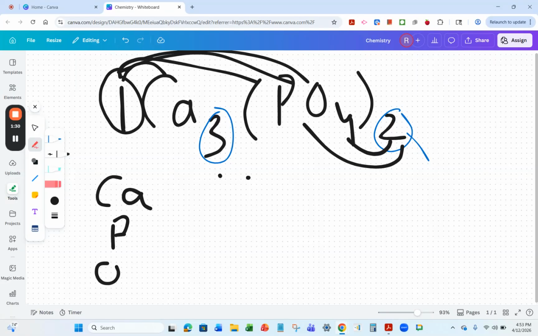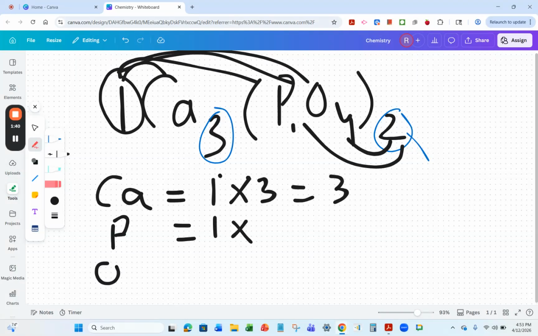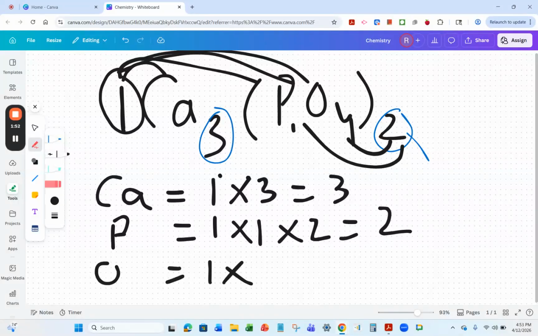For calcium, coefficient is 1, subscript is 3, so total is 3. Phosphorus, coefficient 1, its own subscript is 1, outside joint subscript is 2, so total phosphorus atoms are 2. Oxygen, coefficient 1, it has its own subscript 4, joint subscript 2, so total is 8.